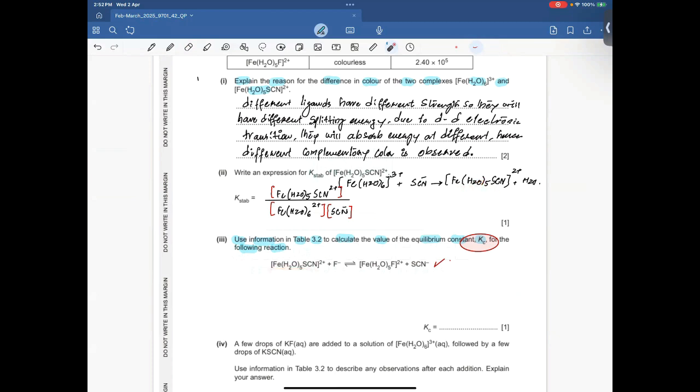Why am I flipping the equation? Because this complex is on the reactant side here, while this complex is present on the product side. So I need to flip the equation, guys. I hope it makes sense to you. Okay.